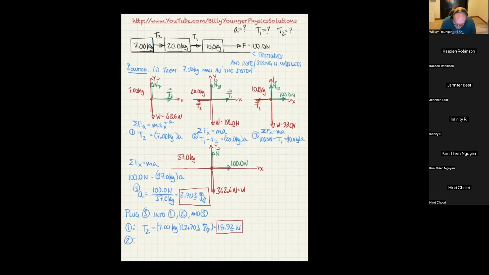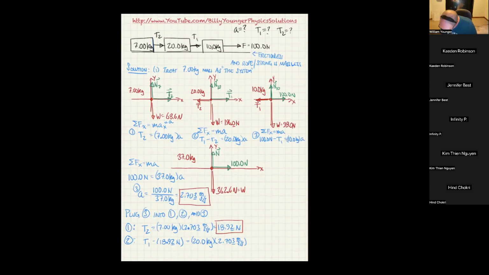And in this case, I'm going to get T1 minus, now I'm going to write in T2 here. That's 18.92 newtons. That's T1 minus T2 is equal to 20.0 kilograms times 2.703 meters per second per second.